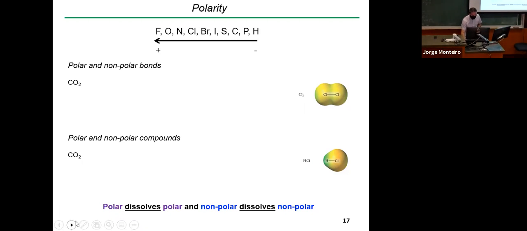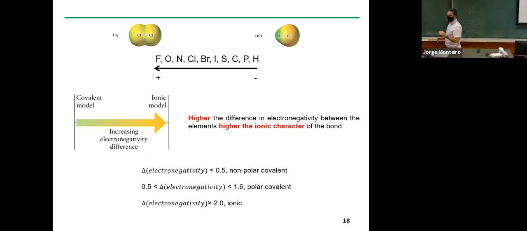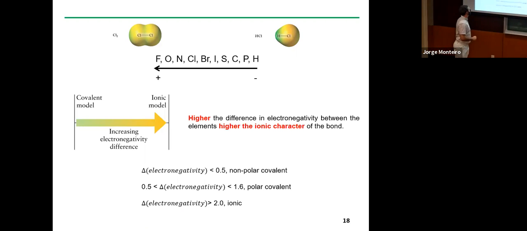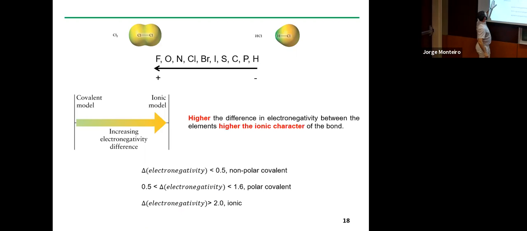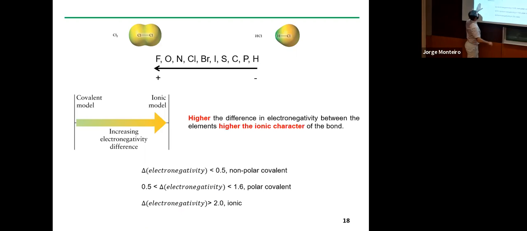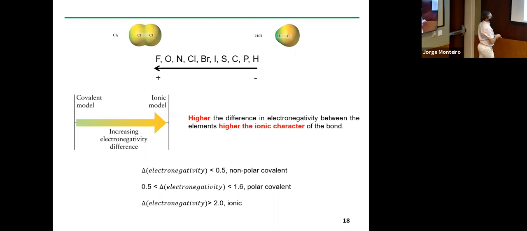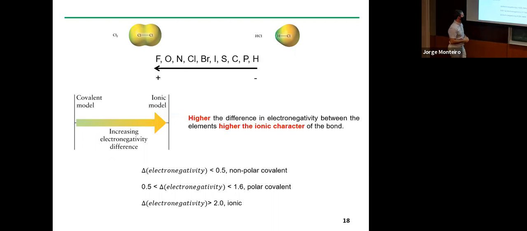All right. So another way to determine if a compound is polar or non-polar is to use the electronegativity difference between the atoms. Okay? So we have here covalent bonds, ionic bonds, and everything in the middle. The higher the difference in electronegativity between the elements, the higher the ionic character of the bond.